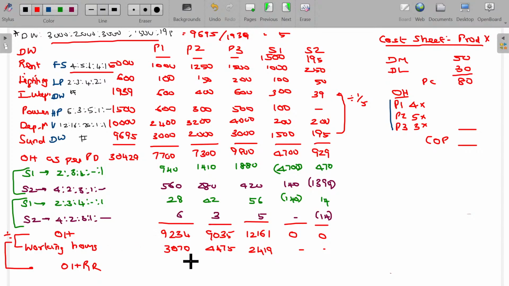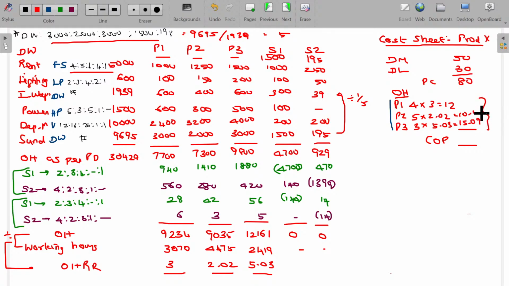9,234 amount you spend for 3,070 hours, then 3 rupees per hour, here 2.02, here 5.03. Now I'll put the value here: 3, 12 rupees, 2.02, 10.10 and 5.03, 15.09.